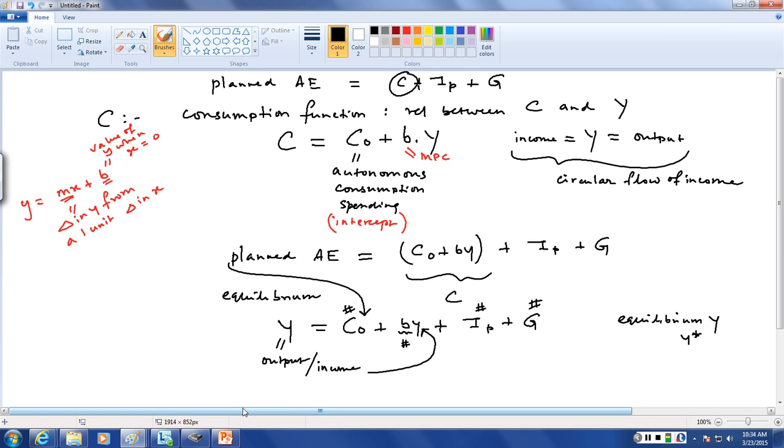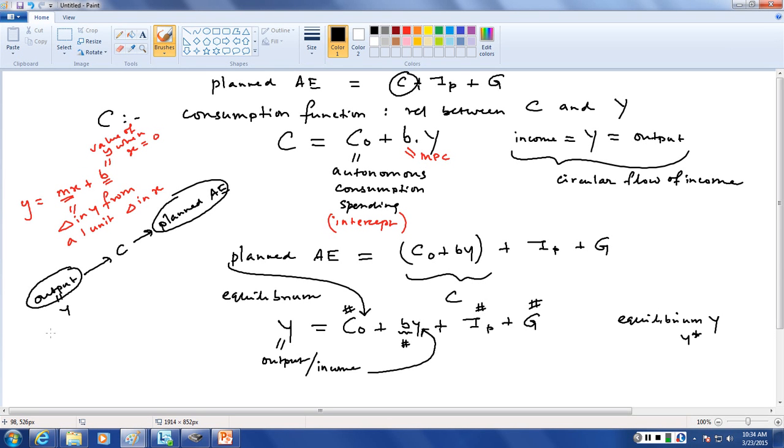That income determines consumption spending. So you have output. The output determines consumption spending, and the consumption spending determines planned AE. Do you see? So you are not guaranteed that this shall equal this. This is only going to be true for a particular value of Y. It's not going to be true for all Y's. Okay, that's what I'm trying to get at here.